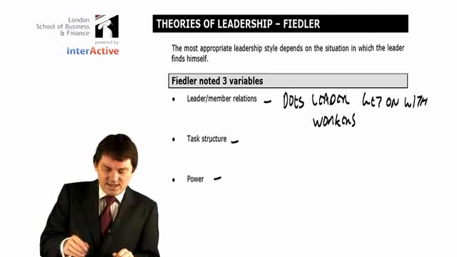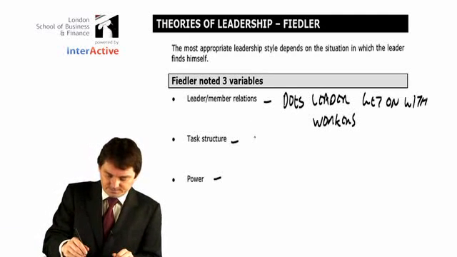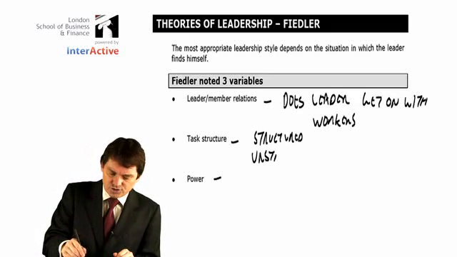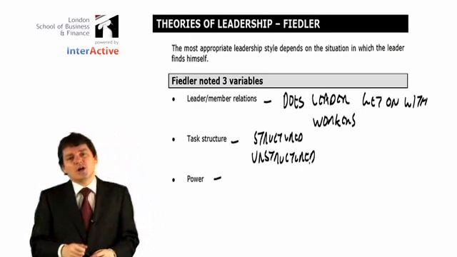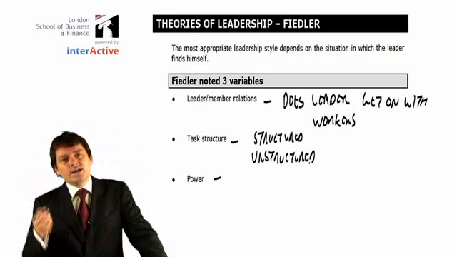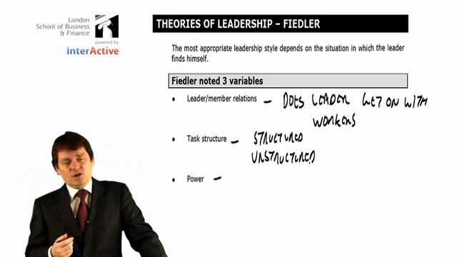The second thing is the task structure. We can have a structured task and we can have an unstructured task. Now, a structured task simply means that there is one way to go about doing something.